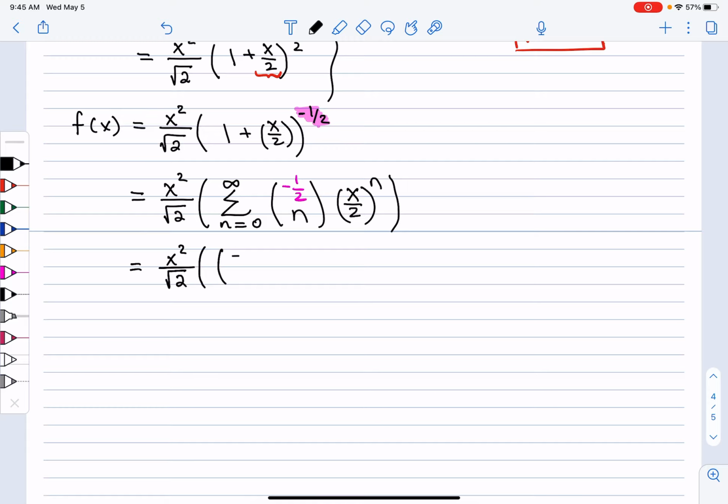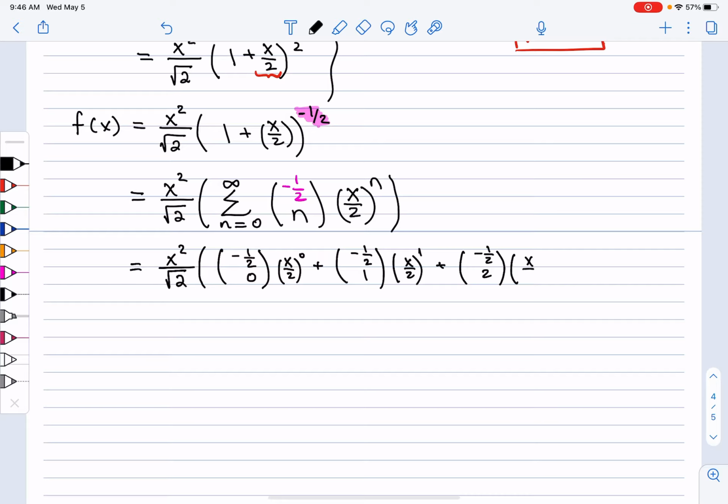So it's going to be negative 1/2 choose 0, x over 2 to the 0 power, plus negative 1/2 choose 1, x over 2 to the first power, plus negative 1/2 choose 2, x over 2 to the second power, plus negative 1/2 choose 3, x over 2 to the third power, and then the idea will continue.